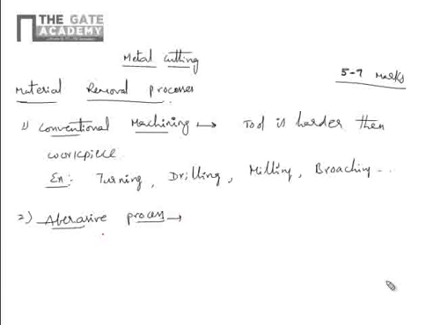So multiple tools come in contact with the workpiece to remove a minute part of the material. So that's why grinding is called an abrasive process, abrasion. So rubbing. Examples: grinding, honing, lapping.